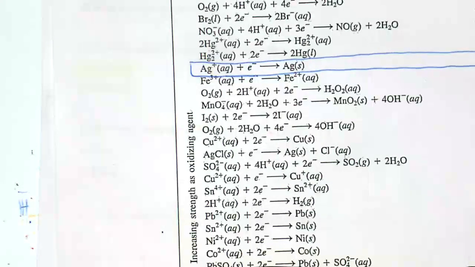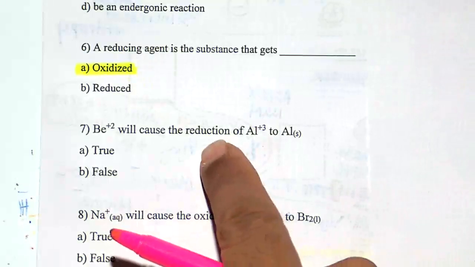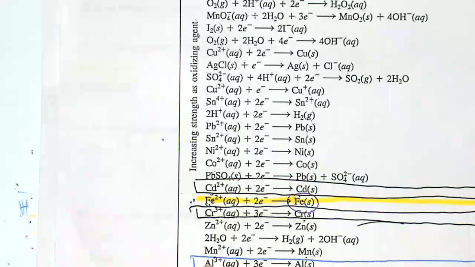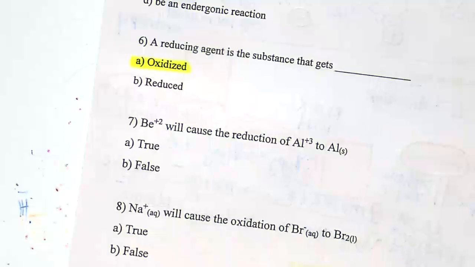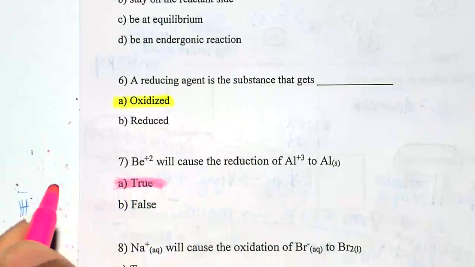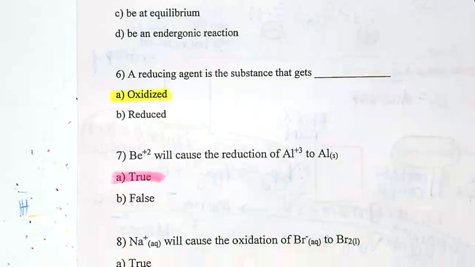Beryllium plus 2 will cause the reduction. This is true. Why is it true? Because Al3 is above. So is it true or false? It's true. Did you catch yourself? The answer to this is true.